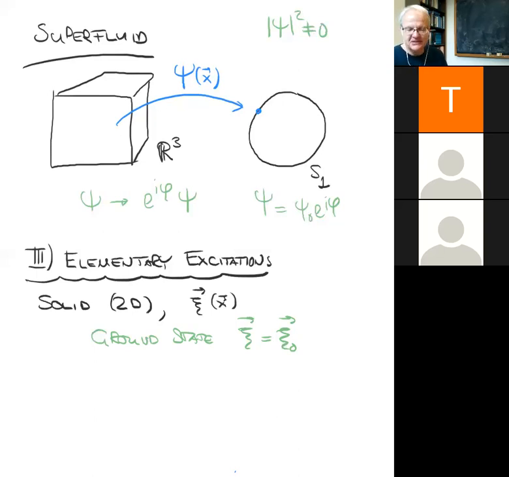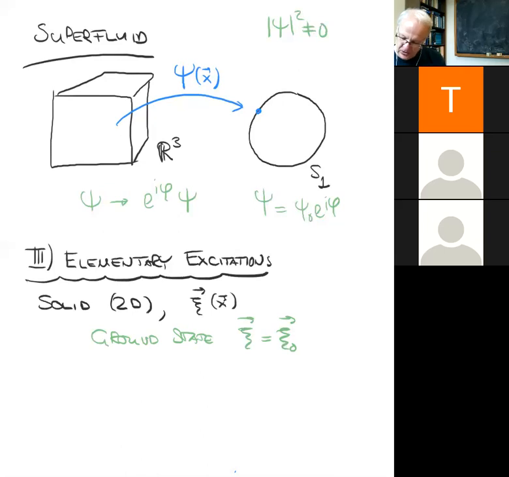Now, in a solid, that's effectively some kind of elastic deformation. If you took the solid and locally it's crumpled up a little bit or it slants a little bit, then locally psi is not exactly equal to psi naught. And you can ask what is the energy related to the fact that the position of the atoms is not quite right?